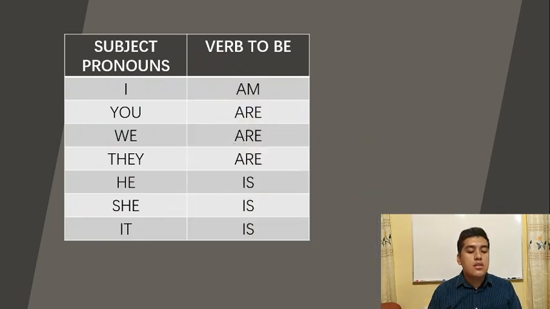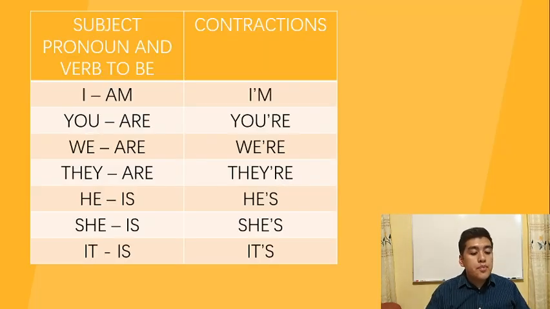In this part, we have a chart where we can classify the subject pronouns and the verb to be, or the correct way to use the verb to be. For example, I, the subject pronoun, the verb to be am. I am, you are, we are, they are, he is, she is, it is.